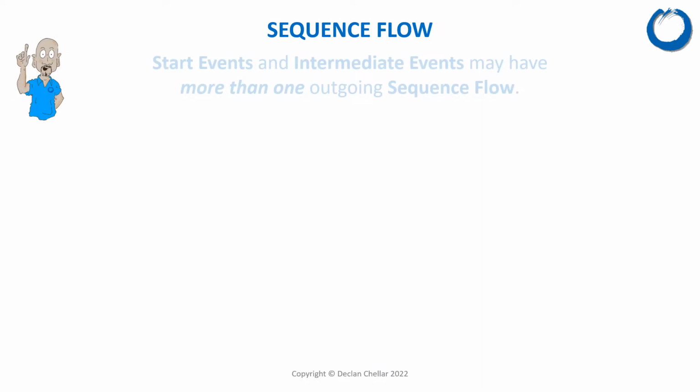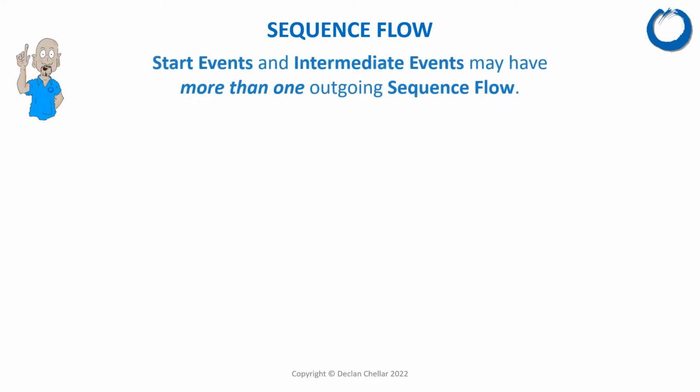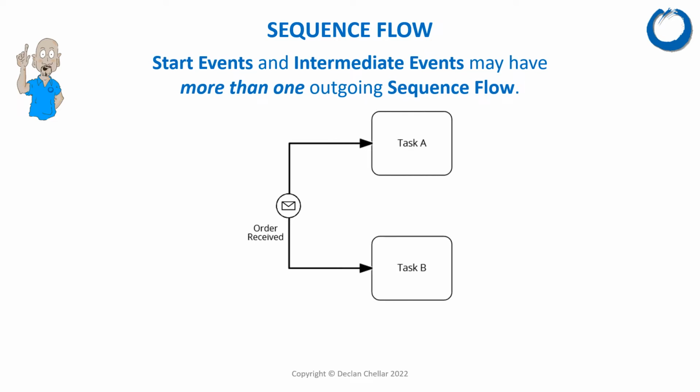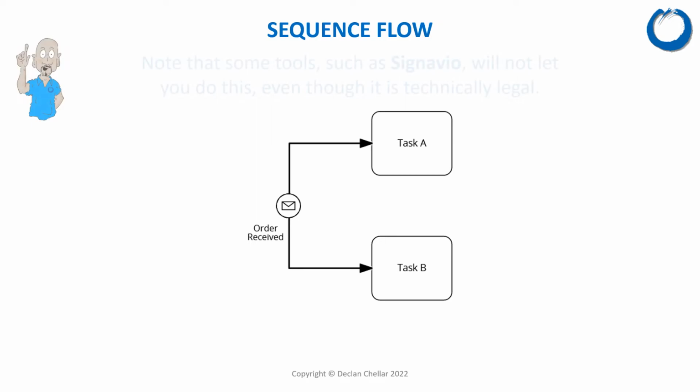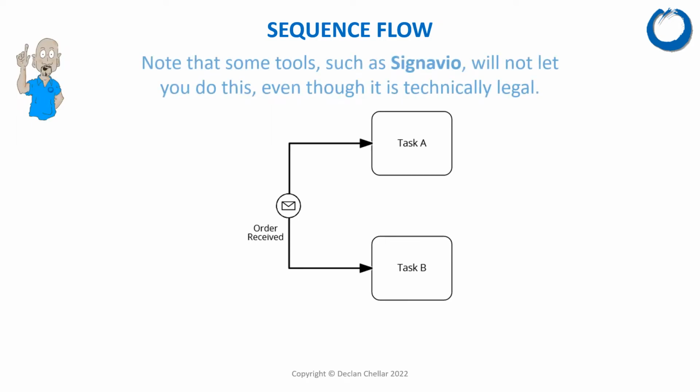Start events and intermediate events may have more than one outgoing sequence flow. This effectively triggers parallel flows as soon as the event occurs. Note that some tools, such as Signavio, will not let you do this, even though it's technically legal.